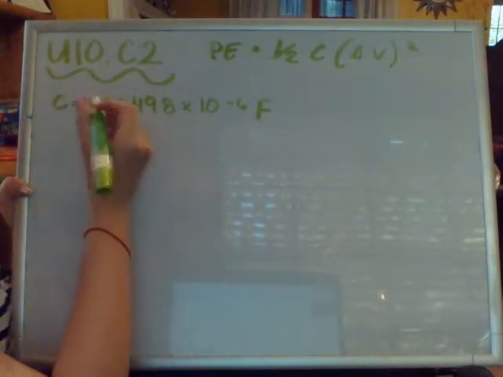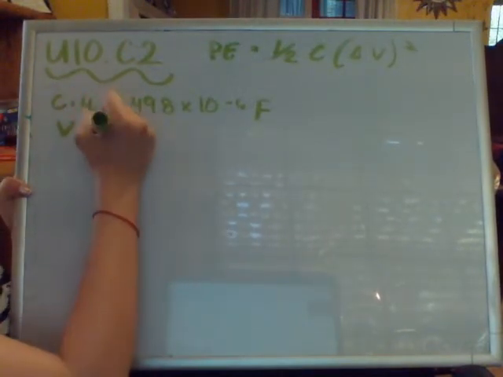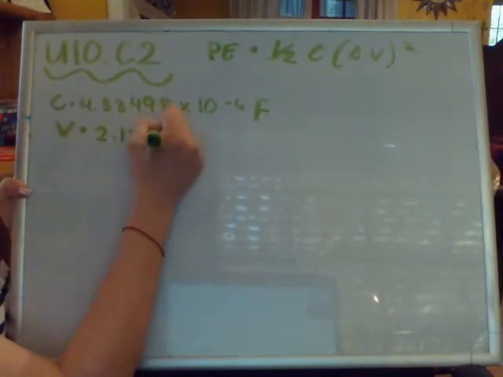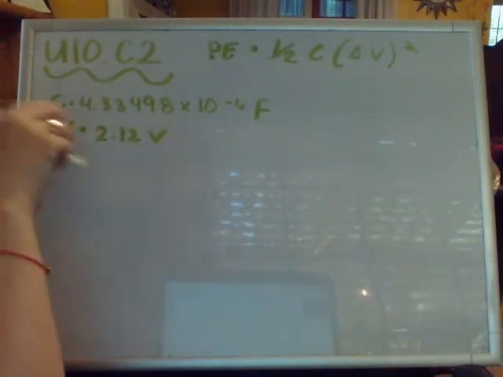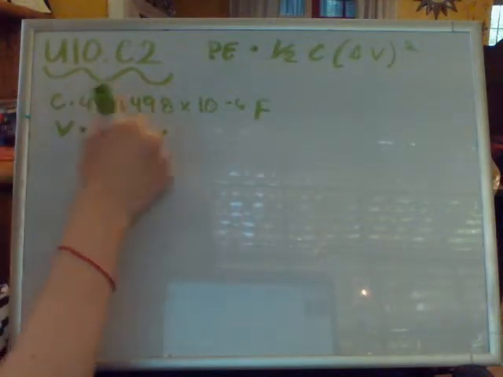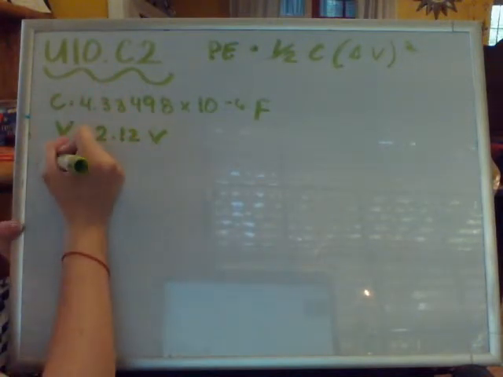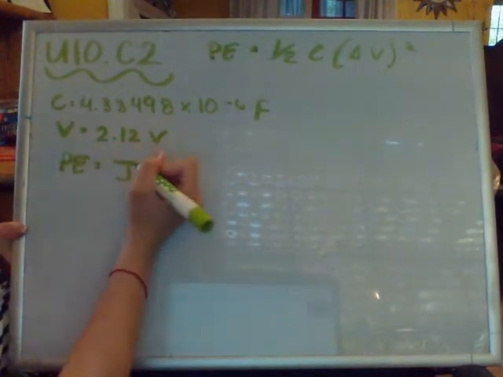And it tells us that the voltage on the battery is 2.12 volts. We need to find the electric potential energy of this capacitor, and our answer, PE, is going to be in joules.